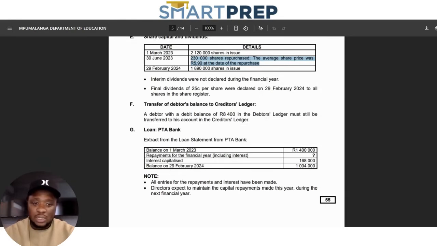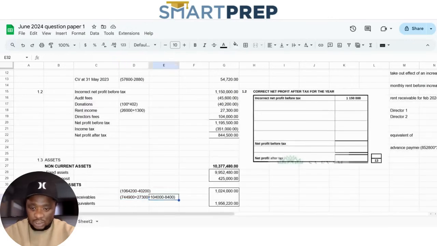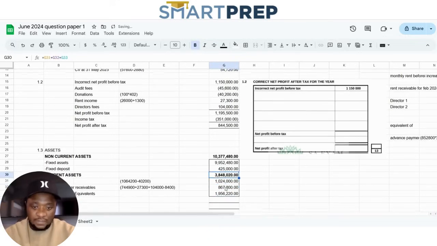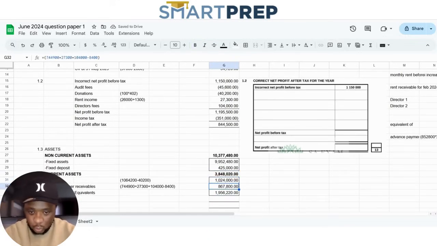All right. So in this case, we have our trade and other receivables equaling 867,800. Now that we have our trade and other receivables, we can work out our total for current assets. The total for current assets is going to work out to 3,848,020.